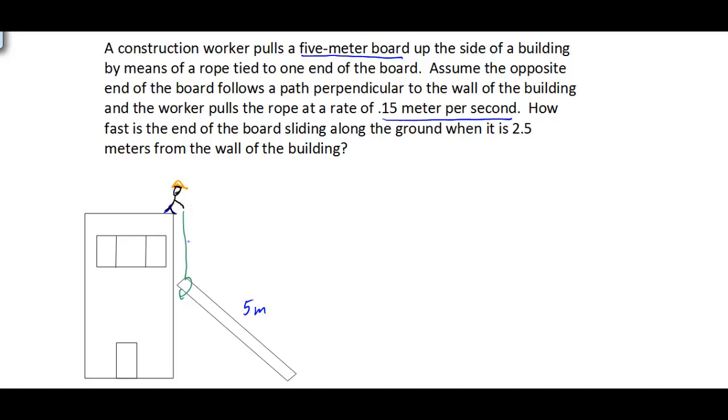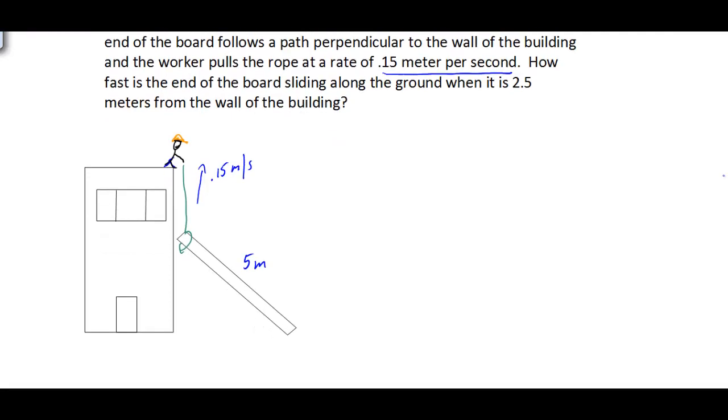Okay, now if we're pulling this rope up here, then we're thinking this is going up at 0.15 meters per second. So if we think of this in terms of the units here, what we're looking at is 0.15 meters per second, and this would be equal to what?